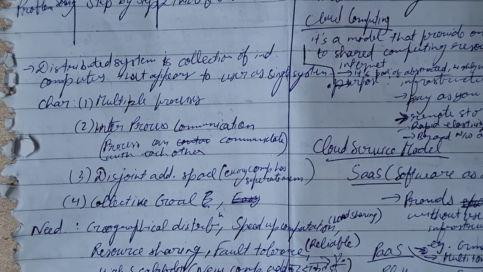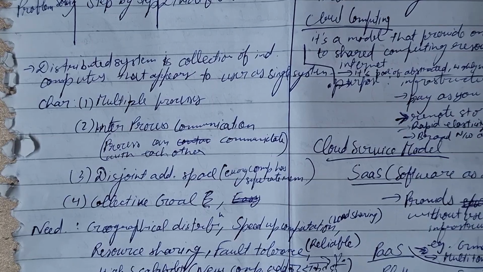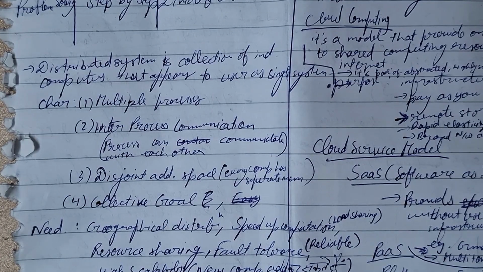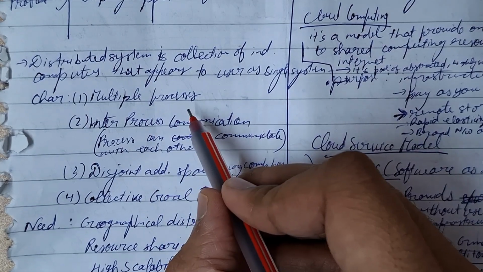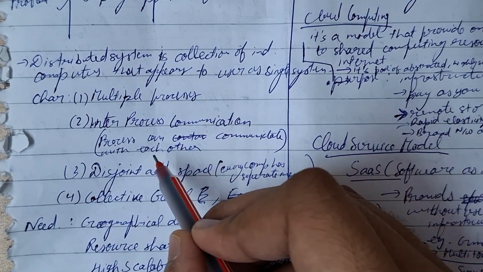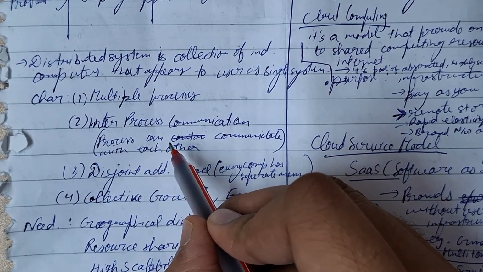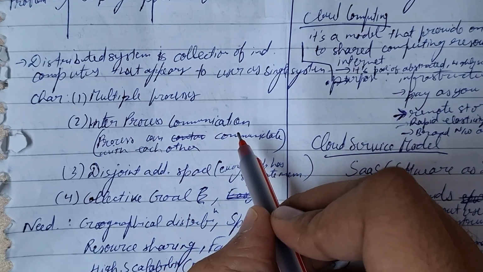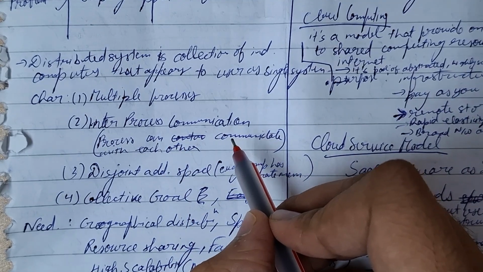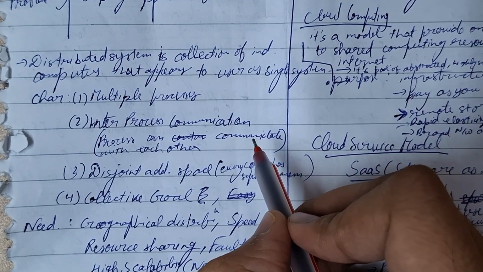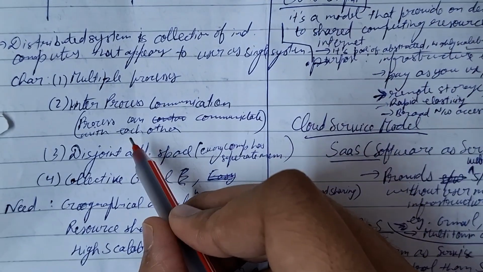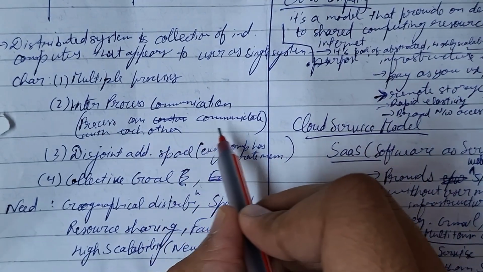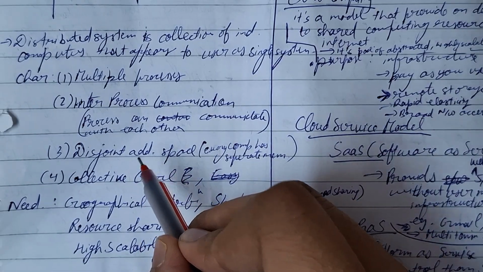A characteristic of a distributed system is that we can achieve multiple processes simultaneously. We also have inter-process communication between different processes that are running on multiple devices simultaneously. Here, in inter-process communication, processes can communicate with each other.